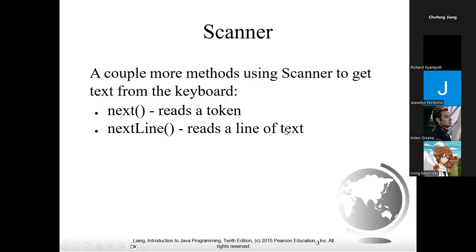For example, we use next(), usually next, right, and nextInt or nextDouble. That means the program is going to read a certain kind of data type or variable type. If we are not using nextInt or nextDouble, that means it only reads a token. Any token is fine.